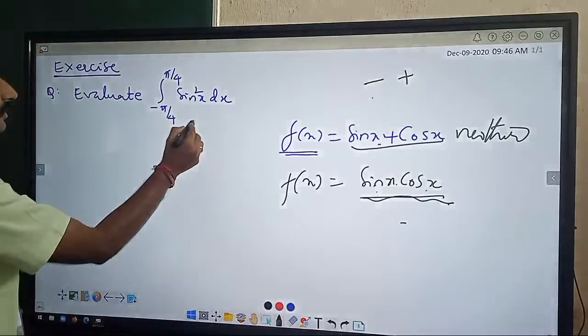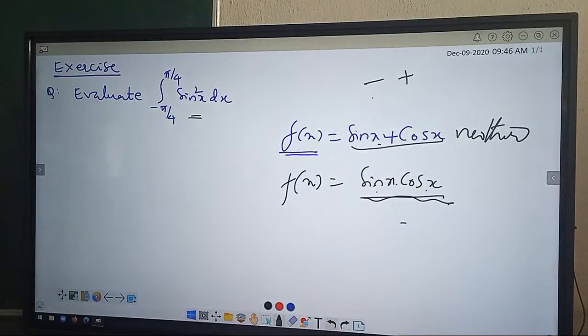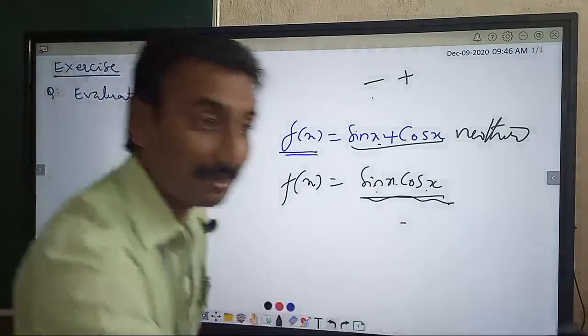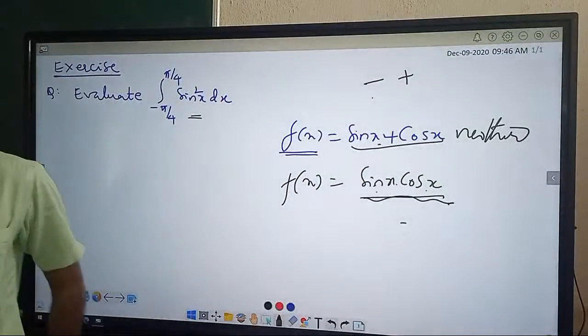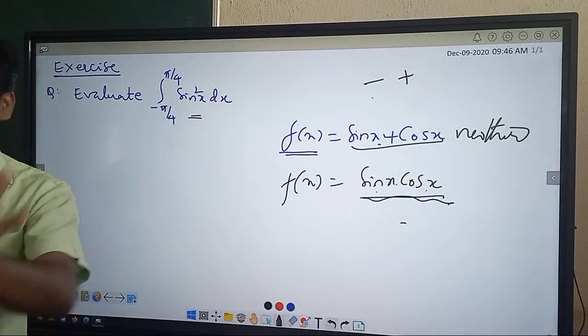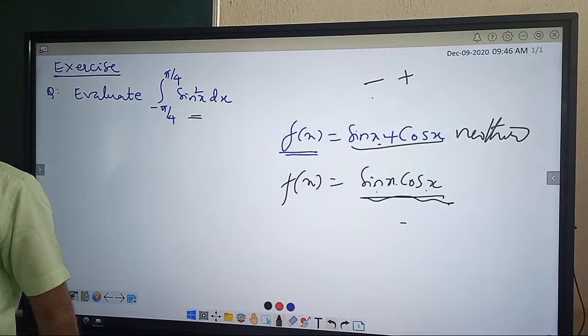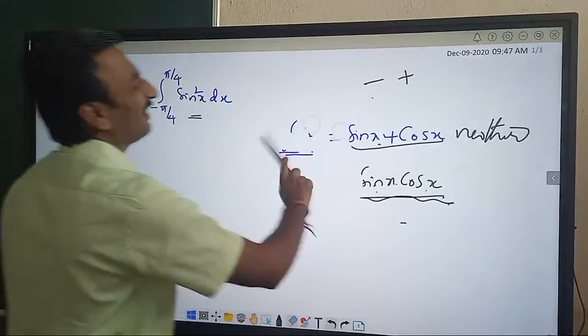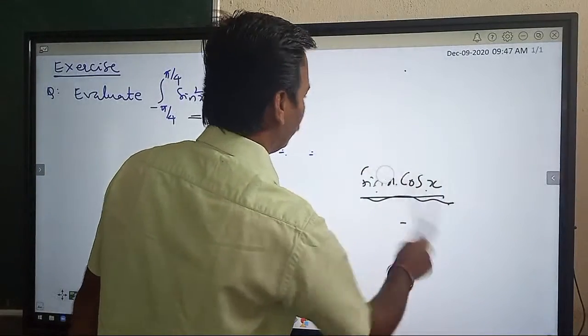Why am I talking about this? Look at this. Very clearly you can say that sine square is, I never spoke about odd. Even though I know very well sin x is an odd function, sin square is not an odd function. Okay? So then you may feel, sir, why are you talking so much about odd?